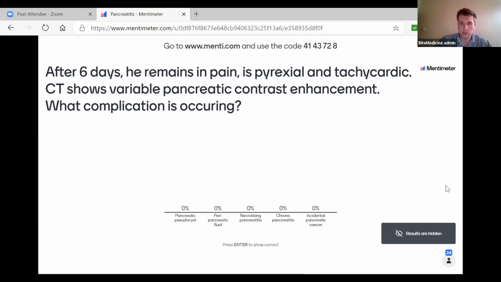Our options here are pancreatic pseudocyst, peripancreatic fluid, necrotizing pancreatitis, chronic pancreatitis, or incidental pancreatic cancer. So you want to just take your time. It's after 6 days, he remains in pain, pyrexial and tachycardic, and the CT shows variable pancreatic contrast enhancement. So what have you guys put?